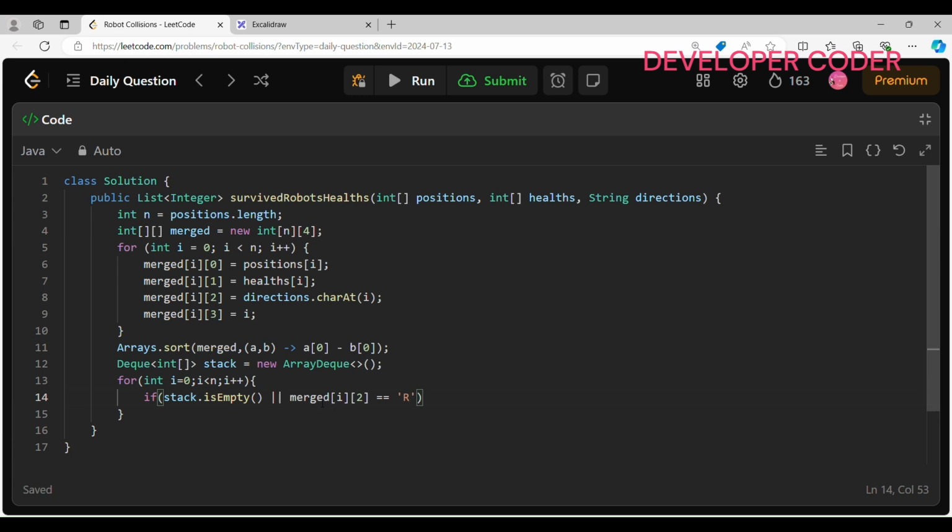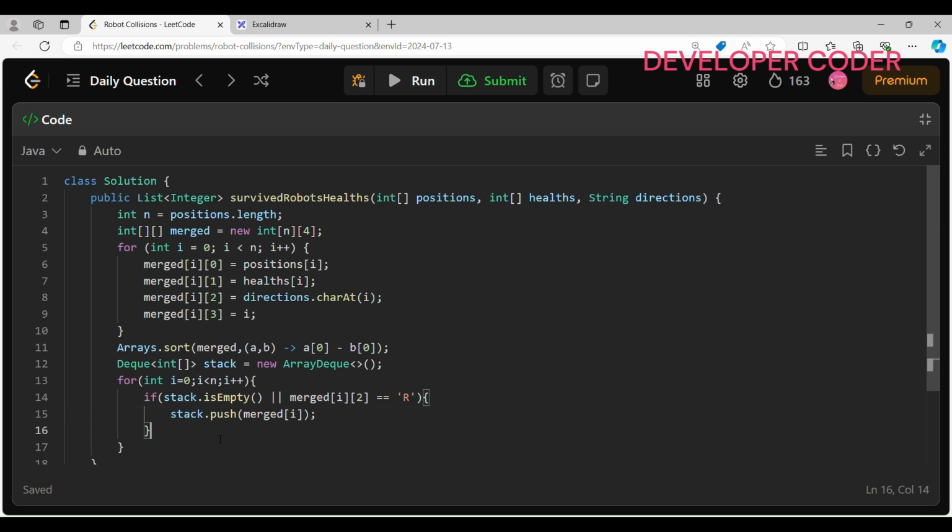In Java, when I write it like this, it compares the value with the ASCII value, so it is possible to match this ASCII value with the actual value. So there is no issue. Now after that, we just push this value into my stack. I am adding position, health, direction, and original index, pushing all these values in my stack.